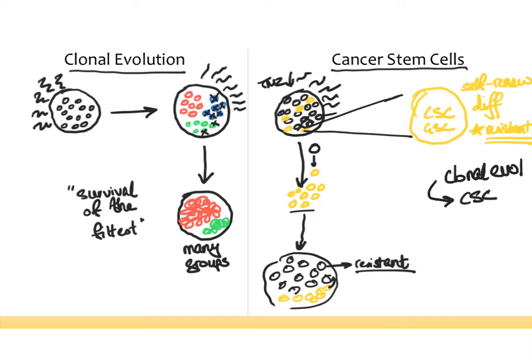So you can think about the cancer stem cell as being one clone in here, perhaps your red clone, and your red clone is just extra resistant and extra plastic, and it's able to handle all the environmental stressors, and so it eventually gives rise to this whole new tumor with other clones and other mutations. So one way to think about it is the cancer stem cell theory focuses on one specific clone. So CSCs is one clone. And the clonal evolution theory talks about multiple clones, so more than one clone.